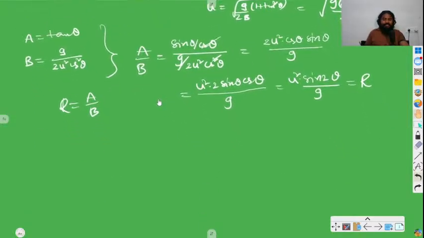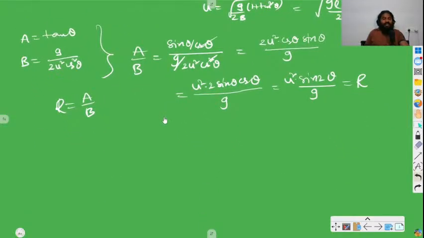And next, can we find the maximum height? Yes, of course we can. How can we find it? In the sense, 4h is equal to r tan theta. So here 4h is equal to r, which we have just derived as a by b, times tan theta, which is a.